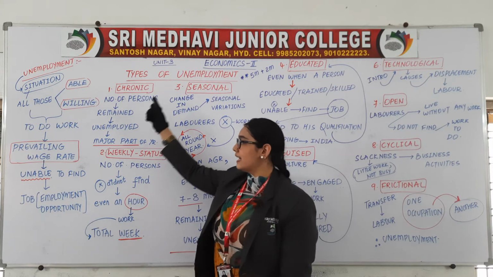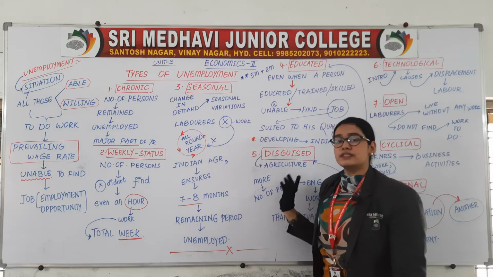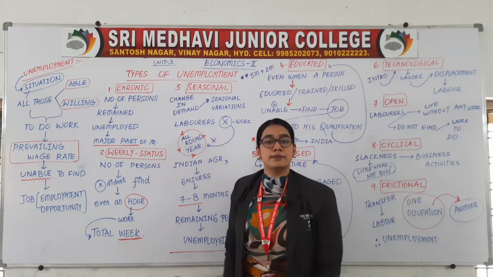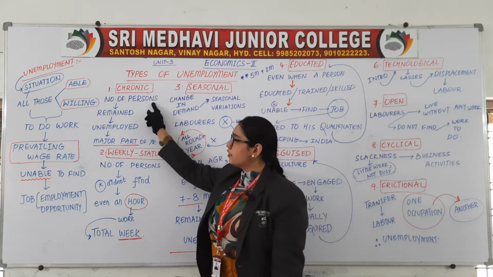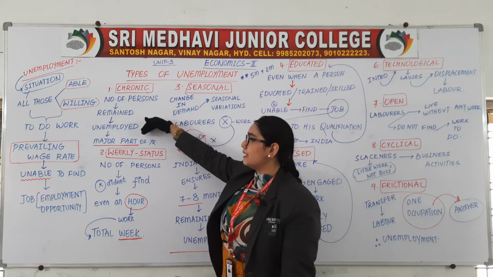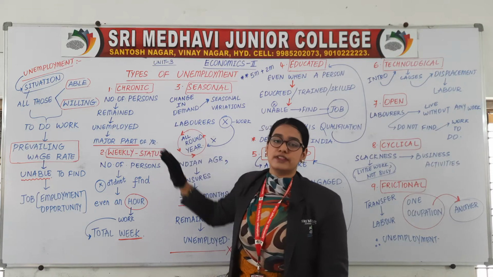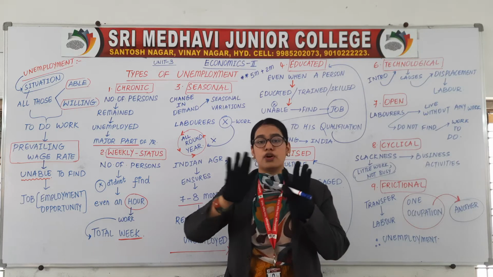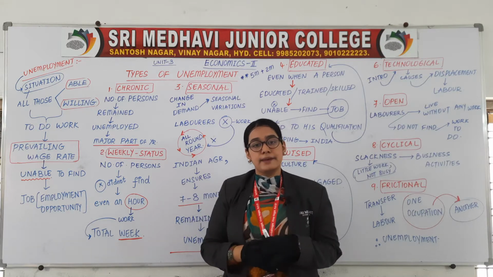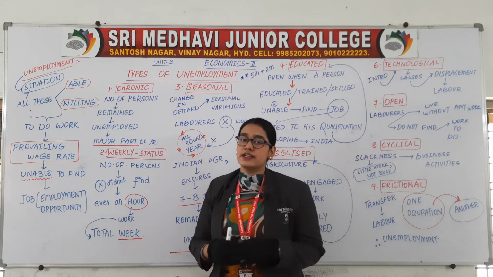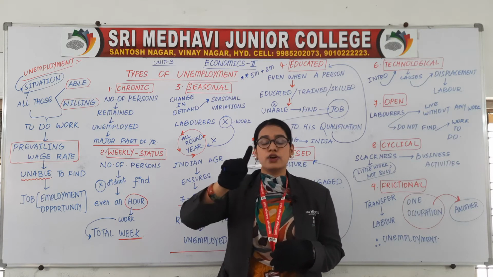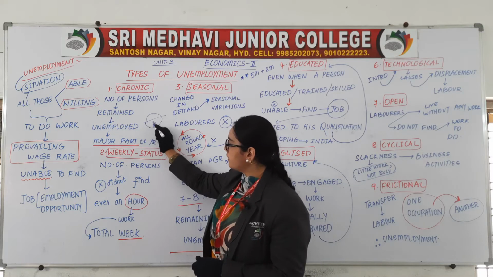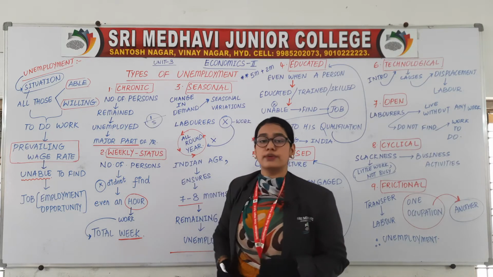Alright, so this unemployment is divided into some 9 categories. First one is chronic unemployment. Number of persons who remain unemployed for a major part of the year. Means if you do not have any job for a major part of the year. For example, out of 5 years, you have done a job for only 1 year.